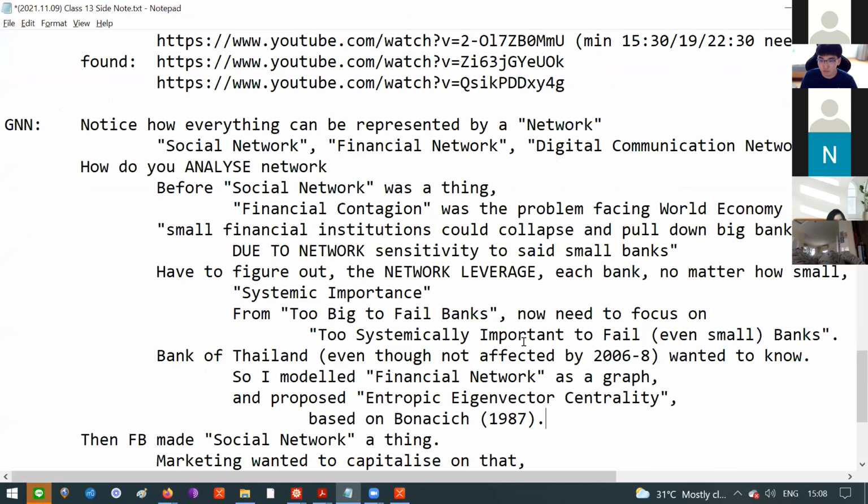Now, my focus, I didn't care about social network, nobody did. My focus was which bank is so central to the network, like a key man, that if this bank fails, other banks will fall. Flip this problem around. If I want to target a group of teenagers to sell products, which teenager is central to the network of teenagers?